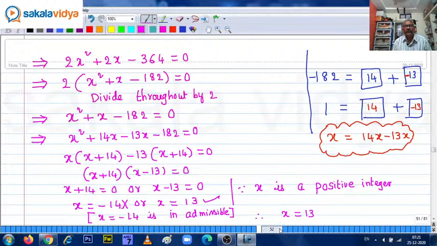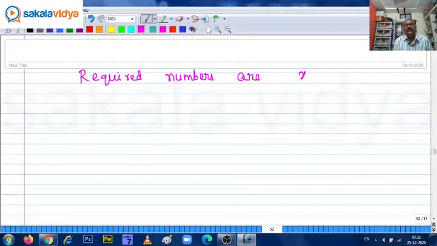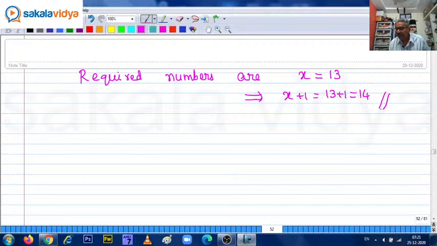So therefore the required numbers are x equals 13 and the other number x plus 1, that means 13 plus 1, 14. 13 comma 14 are the required numbers.